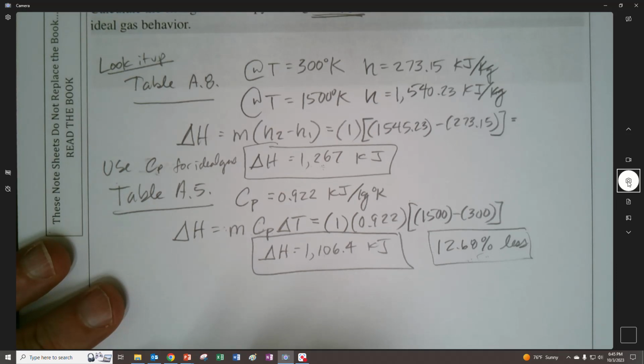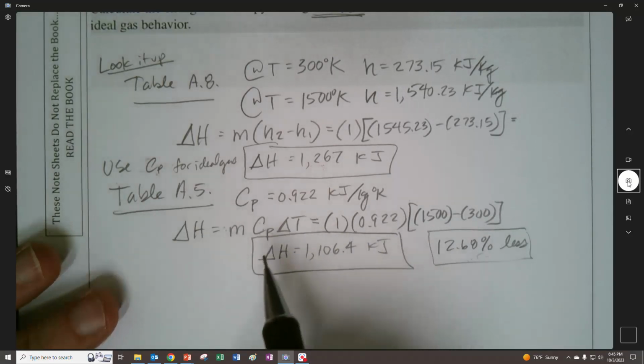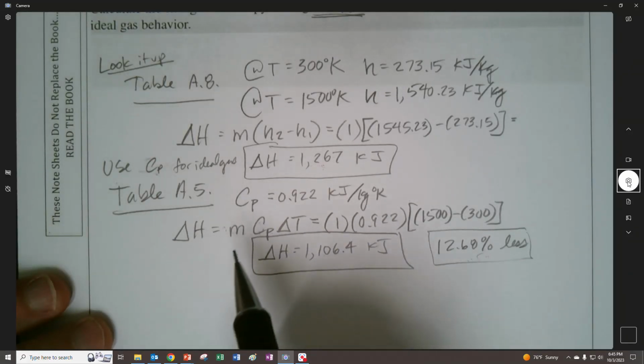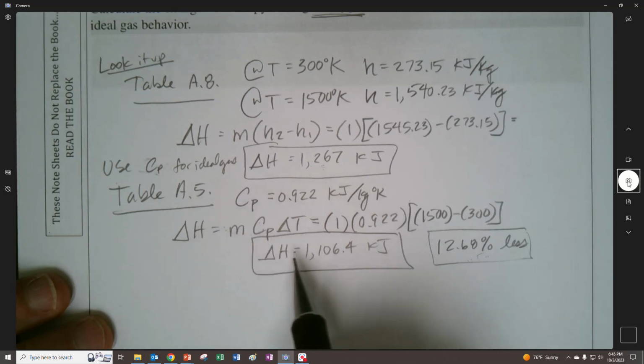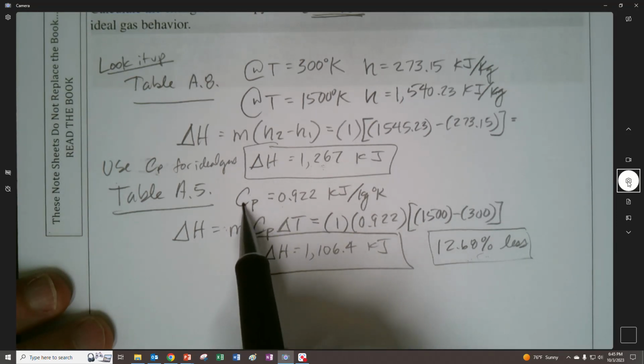It's an approximation because it's just difficult to keep track of the changing specific heats. Anyway, back to the ball game. Let's try to get a better approximation.